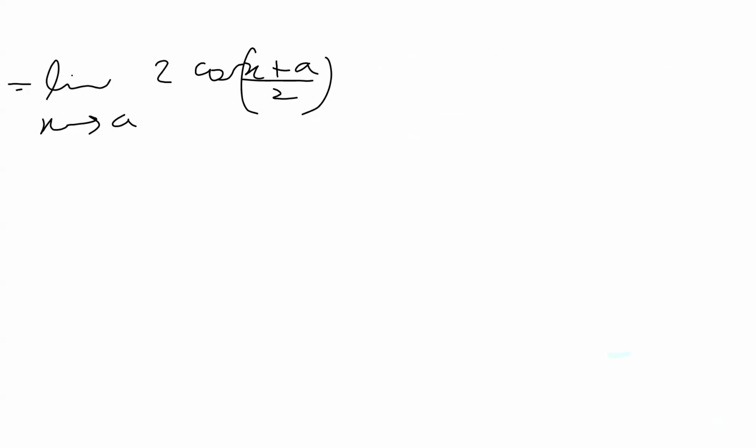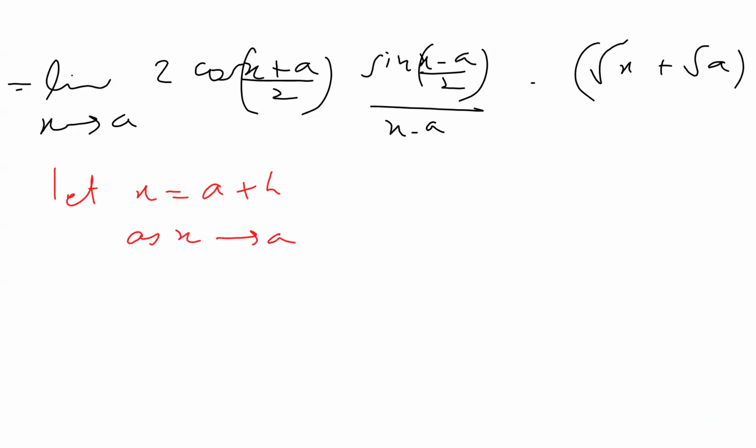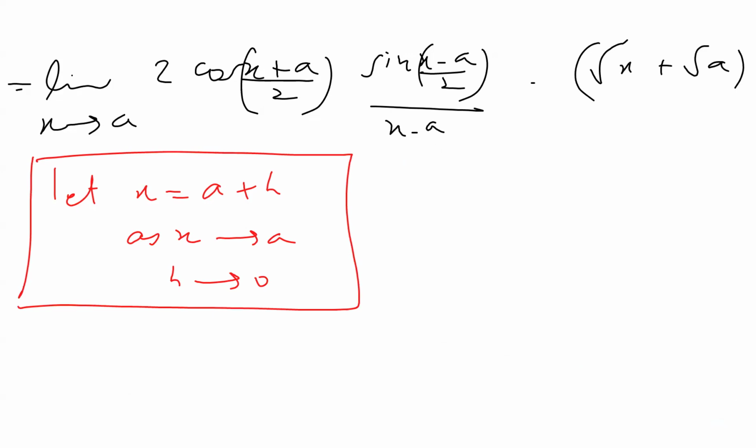Instead of doing this divide and multiply by 2, I'll just change the limits over here. Let x is equal to a plus h. X approaches a, h will approach 0. Now there won't be any confusion.